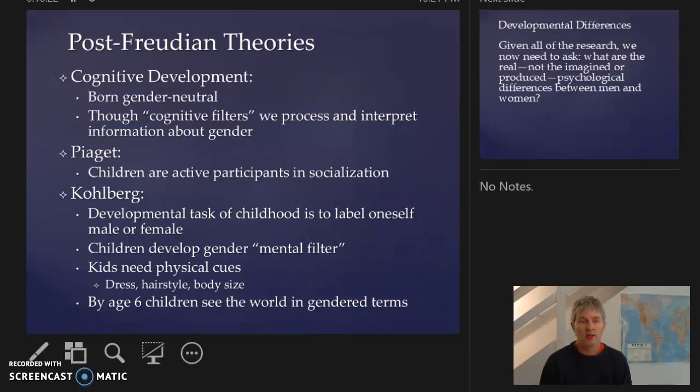Children are human, therefore we are all active participants in socialization. But children do interact with the process. And then, of course, Kohlberg argues that the developmental task of childhood is to label oneself male or female. So essentially the sole developmental task of childhood is to identify you as either being male or female.